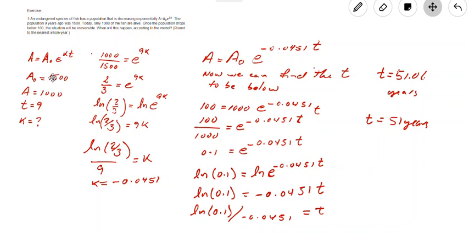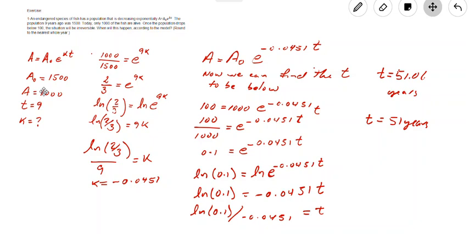So 9 years ago was 1,500. This is A sub 0, the initial amount. And 1,000 is the number of fish that we have at this instant after 9 years. So they give you basically A sub 0, the initial population, the time, 9 years, and the actual population we have after the 9 years.